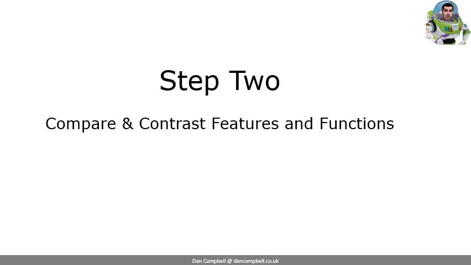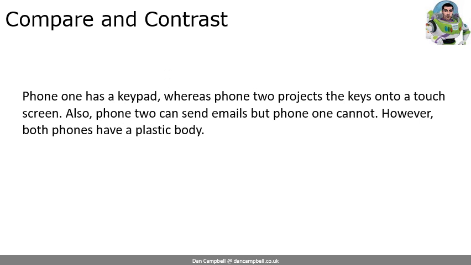Step 2. Compare and contrast the features and functions which you've identified in your comparison table. So what would this look like in written form? We've seen the comparison table where we've got a yes or no. Now we need to convert that into writing, which we can mark as part of your assessment. And this is one example.